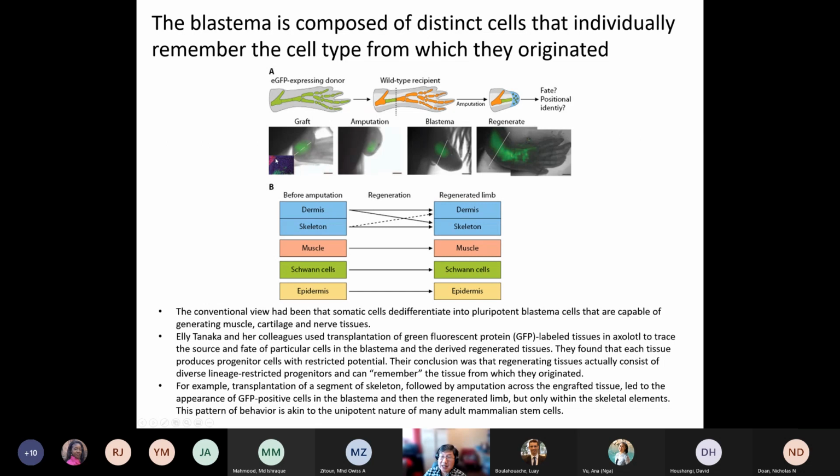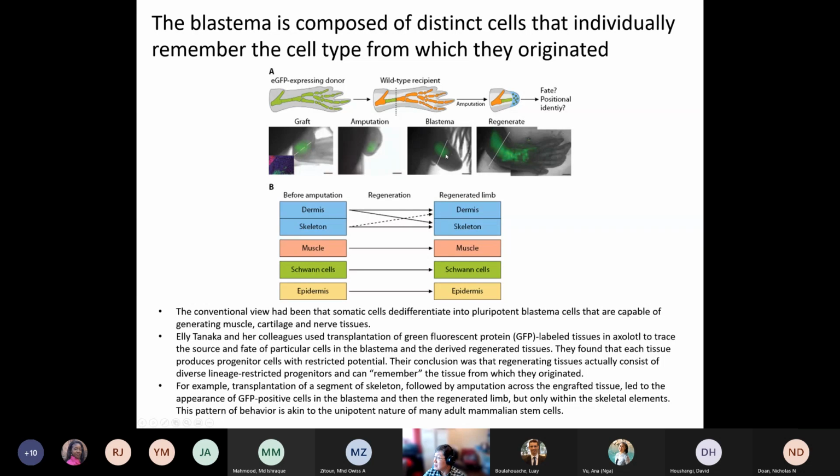For example, some muscles get carried to the recipient animal. You can't avoid that. No matter how clean you did the experiment, you can't avoid carryover of other cells. So that's the first thing they observed. You have carryover. And then after amputation, of course, you see the green fluorescence because that's the remaining bone there.